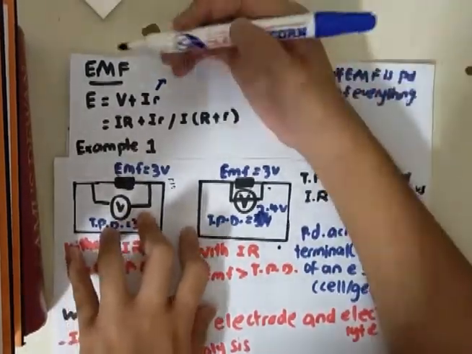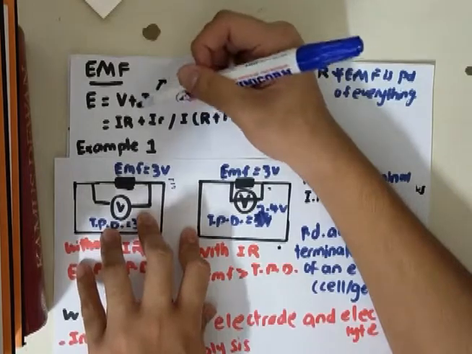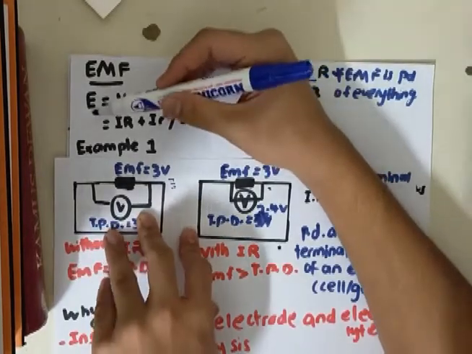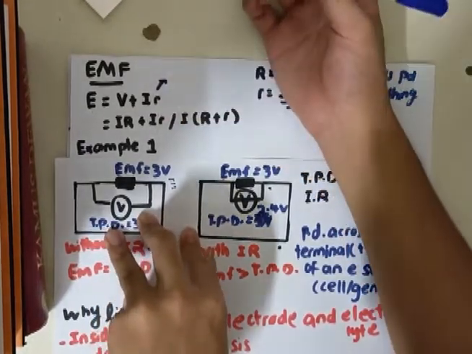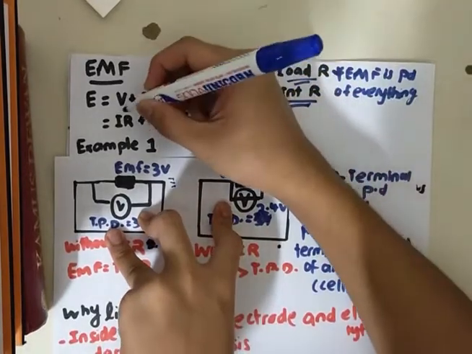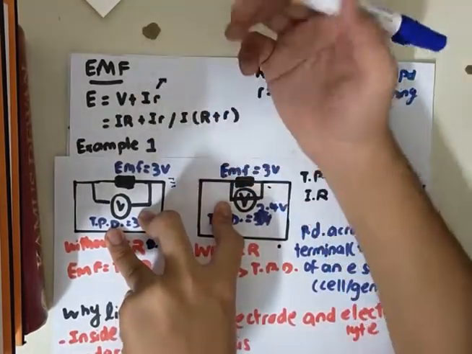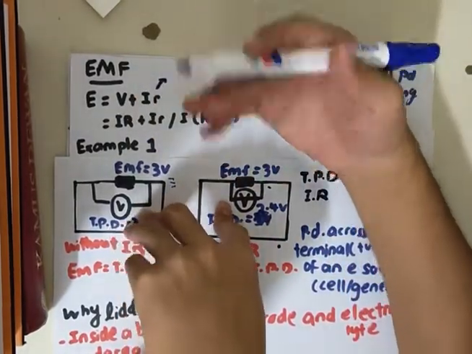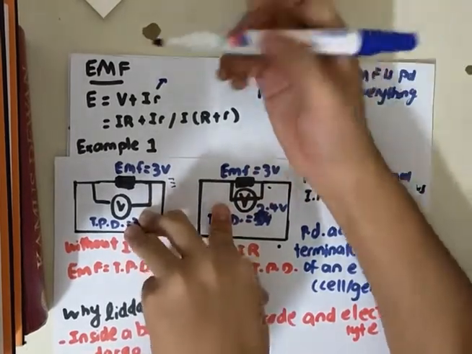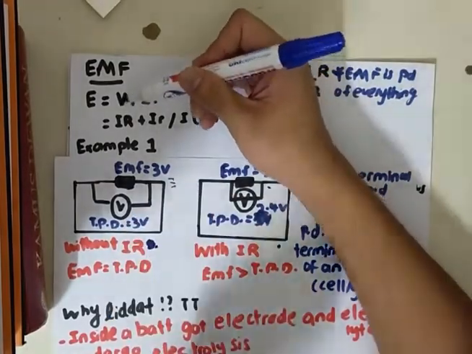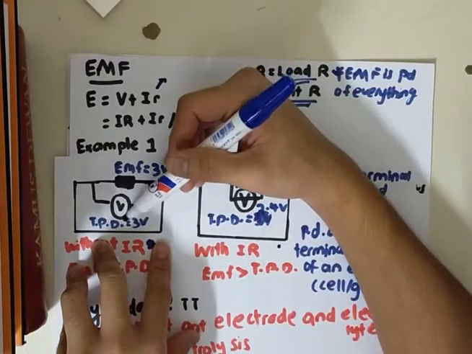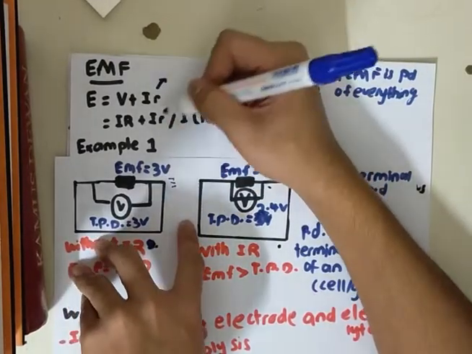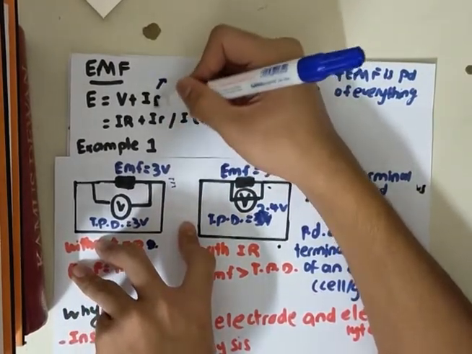So now we have the formula E equals V plus Ir. This E would definitely be the electromotive force, and this V is the V equals IR you usually use for your formula. So the V here would be the terminal potential difference plus your internal potential difference.